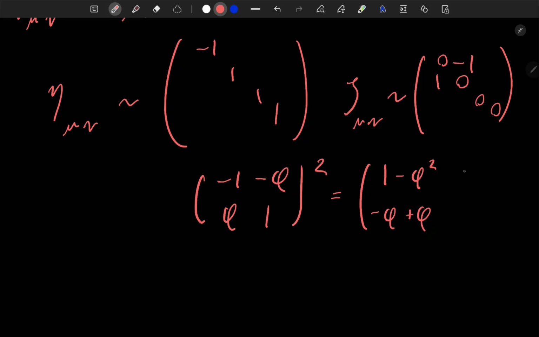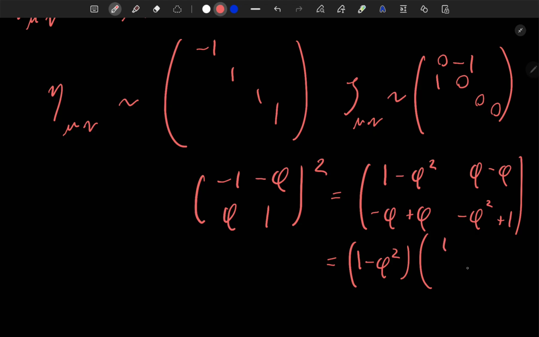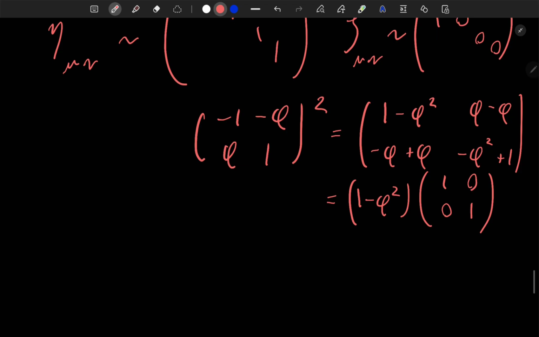Yeah. Oh, we get a phi minus phi squared. We get minus phi, we get plus 1. So overall, this becomes 1 minus phi squared times the identity. And that is actually pretty slick, right?